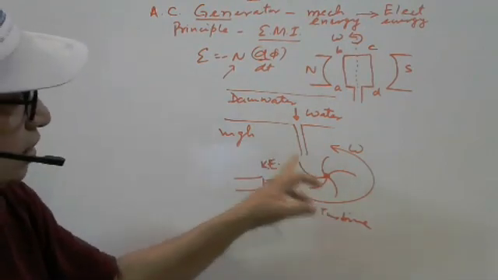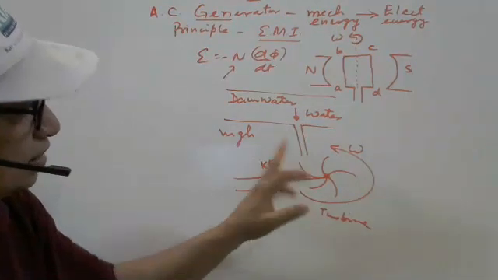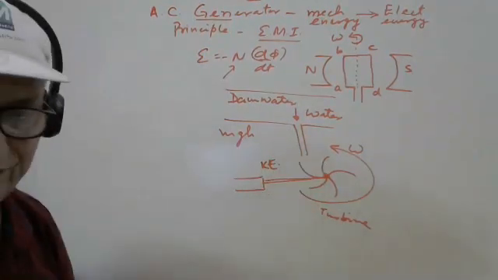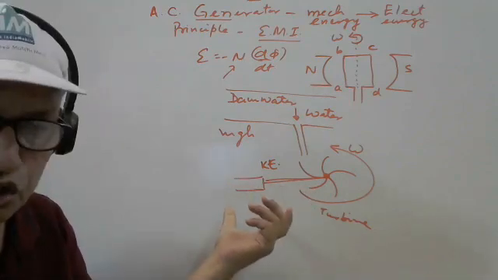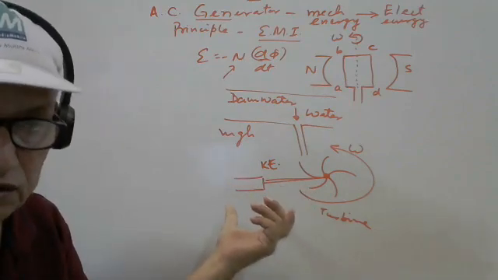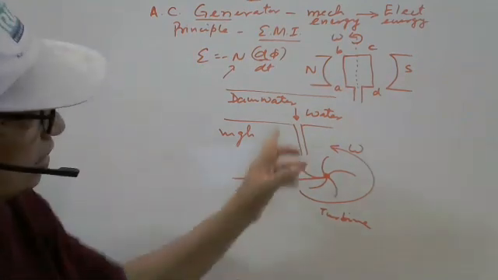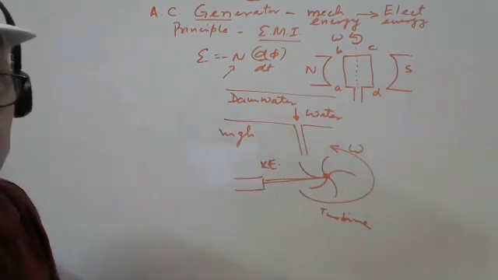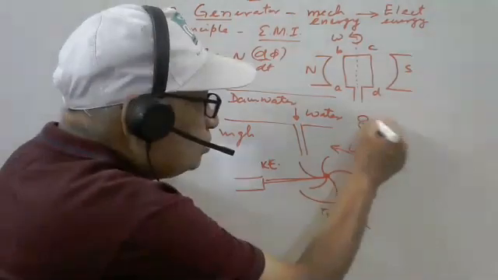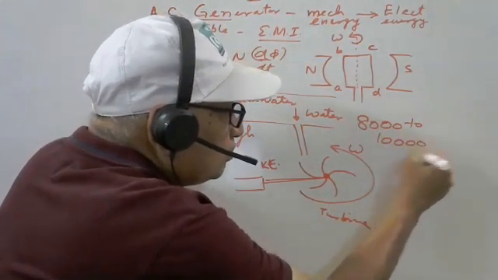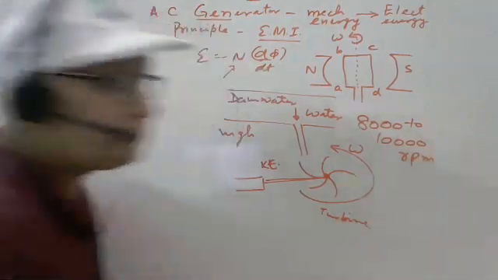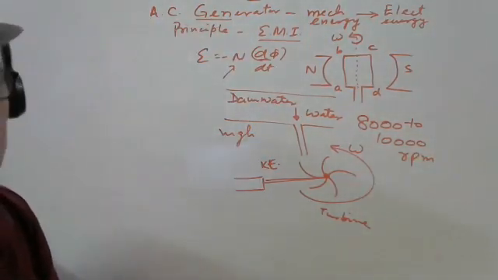And because of this dam water, these turbines are very large. Say it may be 3-4 times the size of the room, and the speed is very large. You cannot imagine, roughly 8,000 to 10,000 rotations per minute is very high speed.